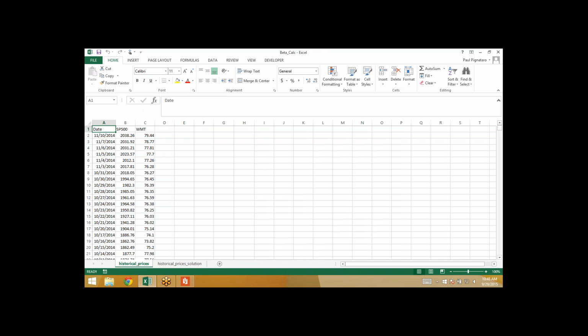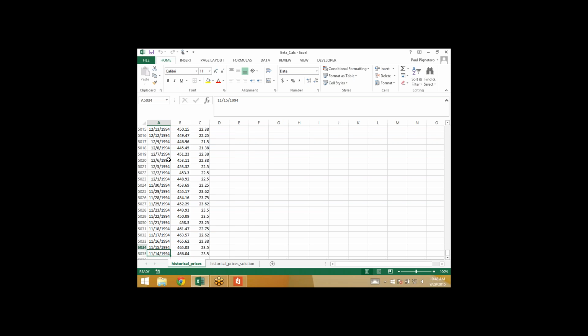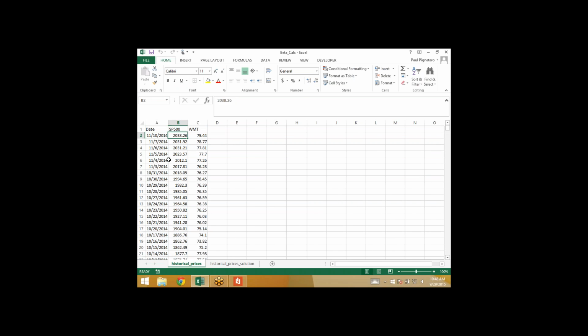You could do 1 year, 5 years, 10 years, X years, and the first thing you would do is go to Yahoo Finance or Google and download the data. I think I did November 10th, 2014, so I did 20 years of data. It'll be interesting to see how close this lines up with the 0.46 that we pulled from Bloomberg. Sometimes it's off, or we pulled from Yahoo Finance.